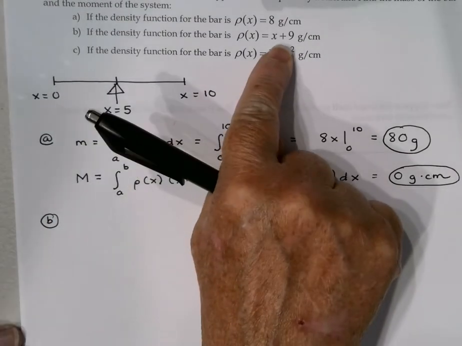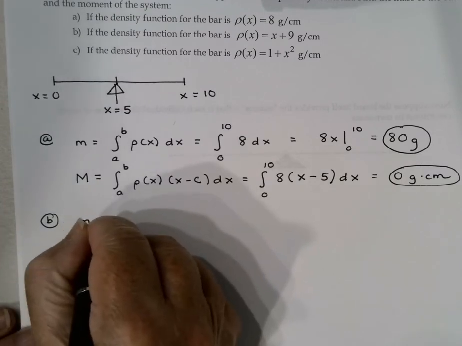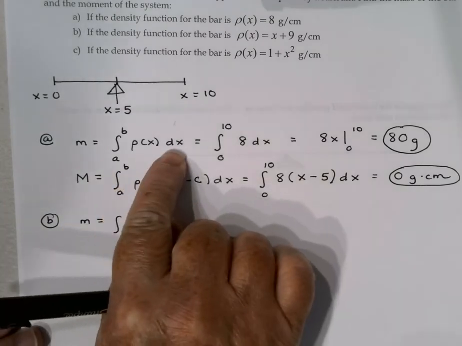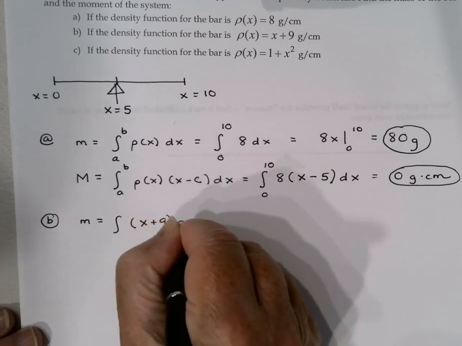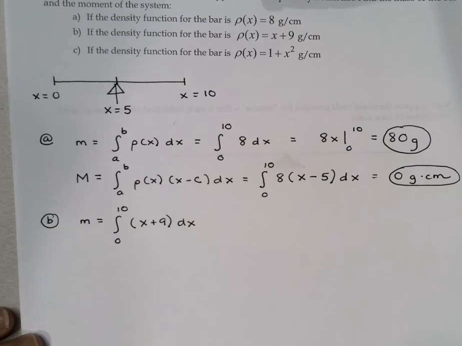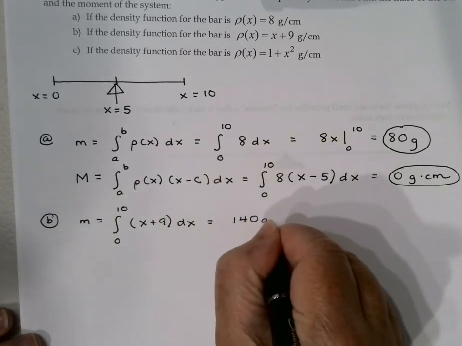For B, my density function is x plus 9. So my mass, I won't rewrite the formulas, but density dx would be x plus 9 dx, integrated over the whole bar from 0 to 10. And that turns out to be 140 grams.